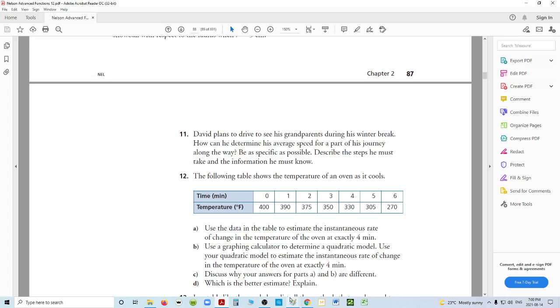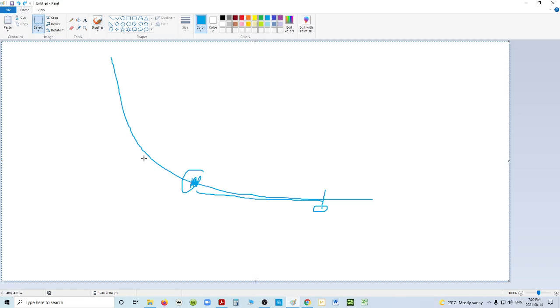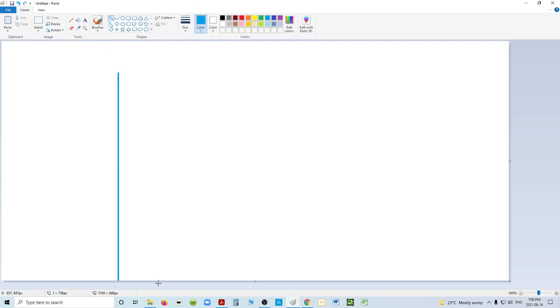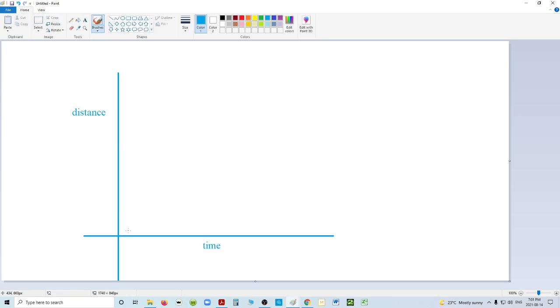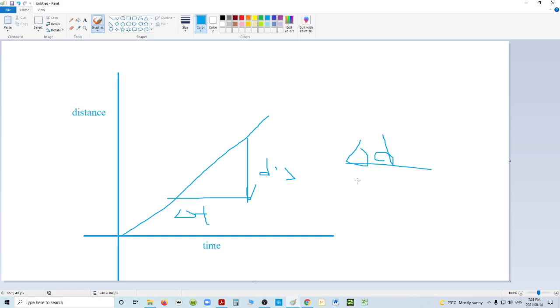If I am looking at a trip and I'm measuring it based on distance over time, so distance is on the y-axis and time is over here, his rate of change is looking at delta y, which is his change in distance, over his delta x, which is change in time, which means I take delta y, delta distance, over delta time. And what is distance divided by time? Velocity, speed.